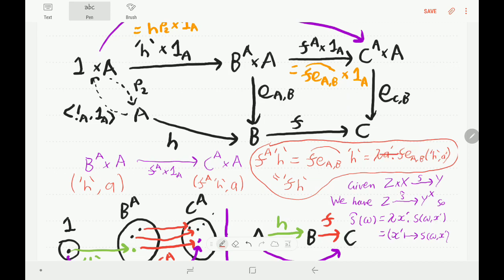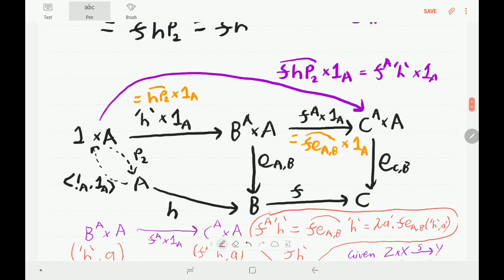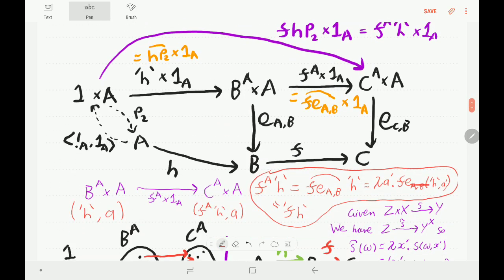And if you think about how this is actually going to operate when we do feed in an a dash, well, it's going to feed it in, then it's going to do h on it. So when we do EAB h dash on an actual a, when we evaluate it, we're going to get HP2, and then when we do f on that, we're going to get f of HP2.